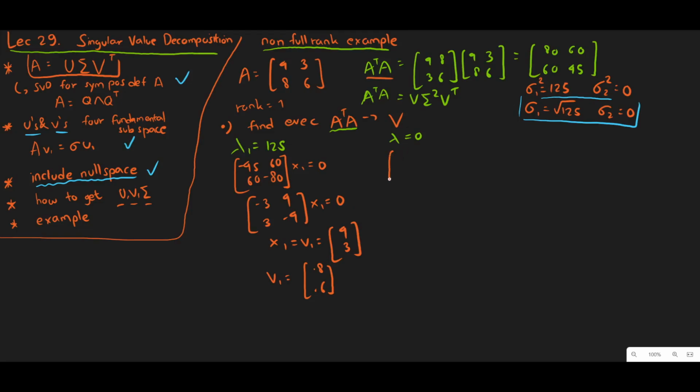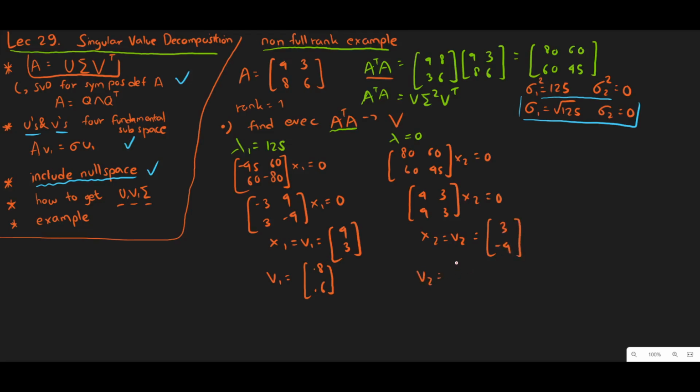For this case, I end up with 80, 60, 60, 45, x2 is 0. So I can simplify this too. And x2, which is my v2, is 3, minus 4.